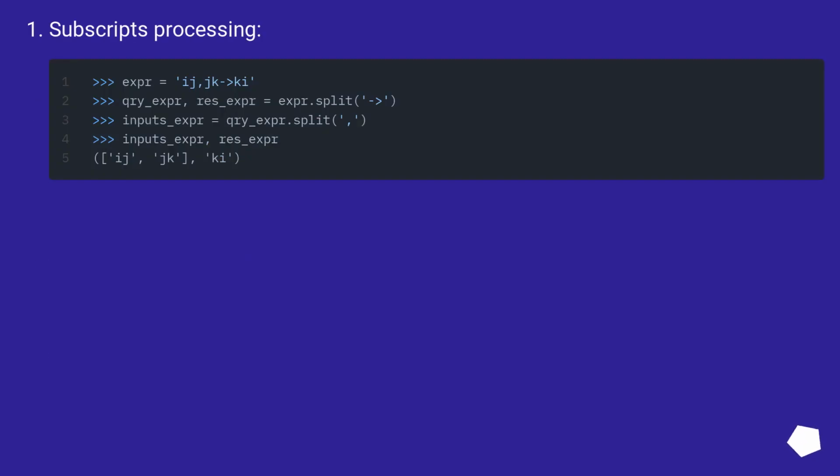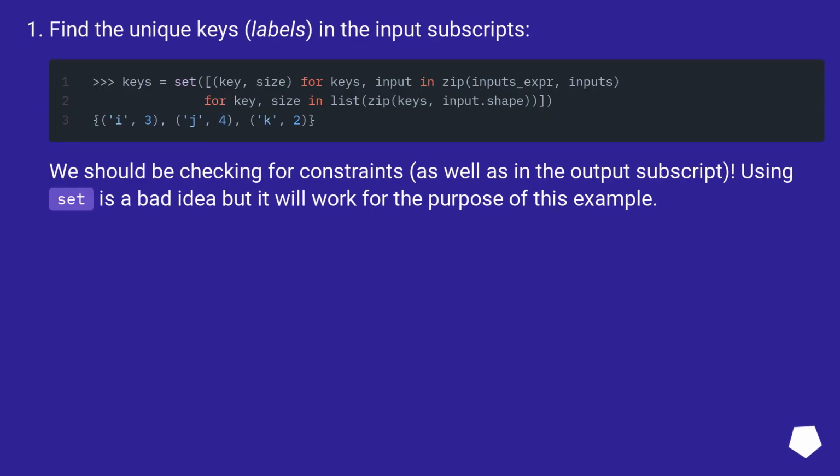Subscripts processing. Find the unique keys, labels, in the input subscripts. We should be checking for constraints, as well as in the output subscript. Using set is a bad idea, but it will work for the purpose of this example.